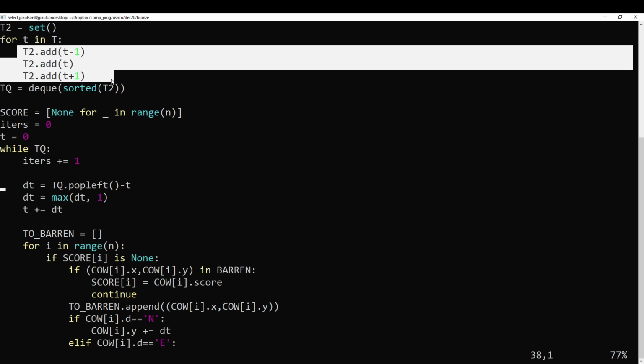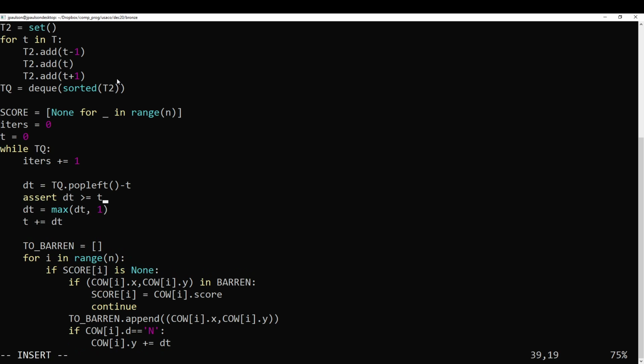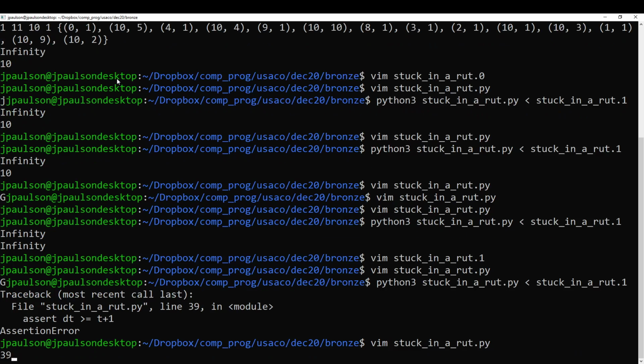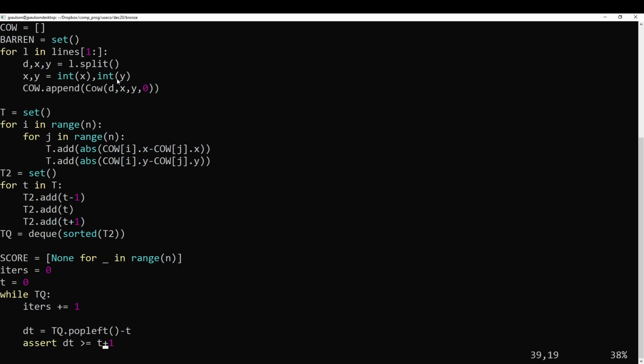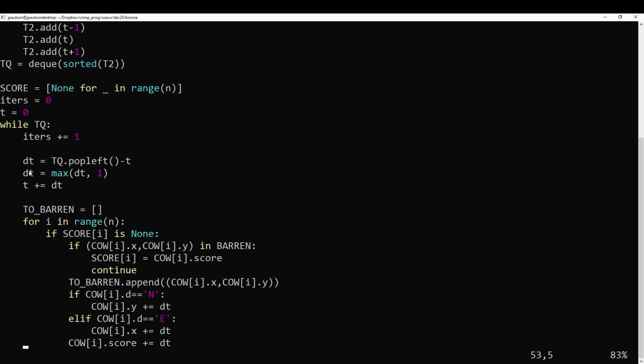Well, because I'm doing this fuzzing, it might be necessary, right? If the times are like adjacent to each other, I might. Well, these are sets, so that shouldn't actually happen. Oh, I see. This might hit time 0. Well, this is fine. We should simulate at least one time step.